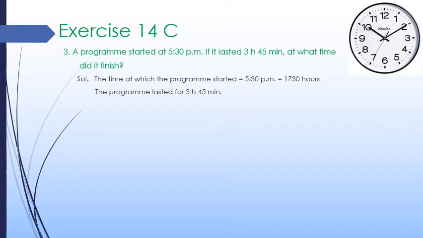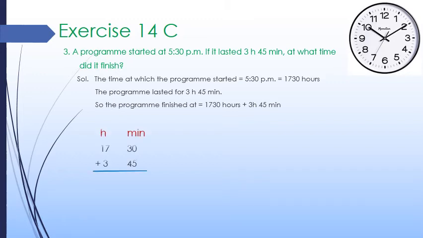Now, the program lasted for 3 hours 45 minutes, which is the duration of the program. So, the program finished at 17:30 hours plus 3 hours 45 minutes, where 17:30 hours is the time at which it started.